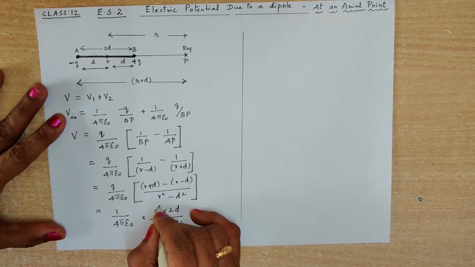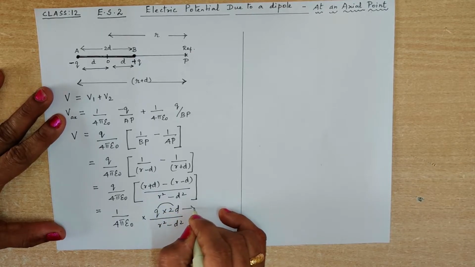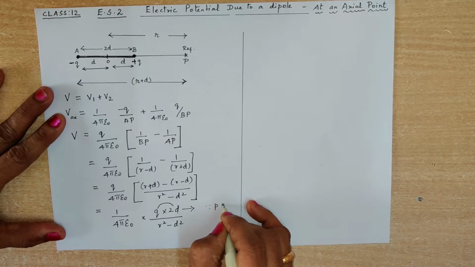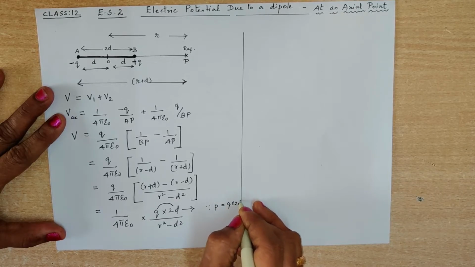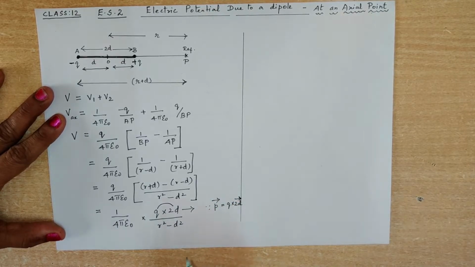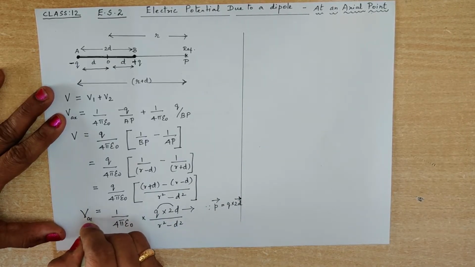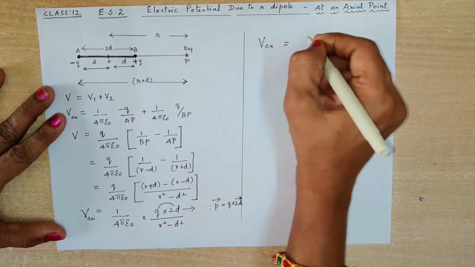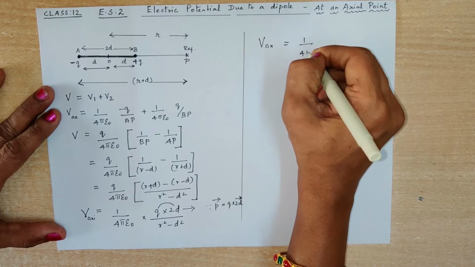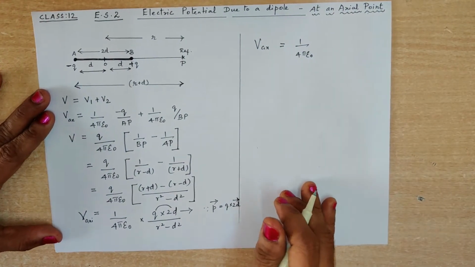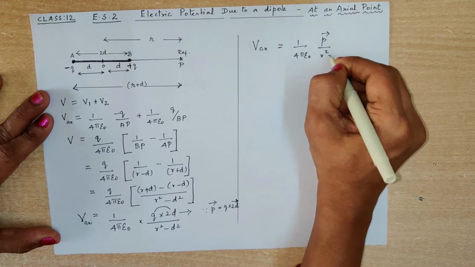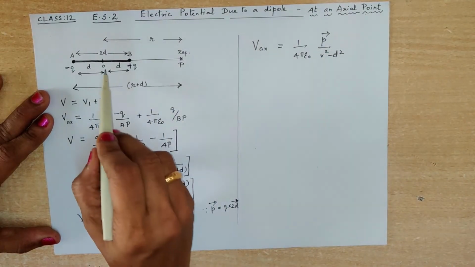And this q into 2d is the dipole moment p, that is equal to q into 2d, which we have discussed already in the previous chapter. Therefore, V axial is equal to 1 by 4 pi epsilon naught, p upon r square minus d square.